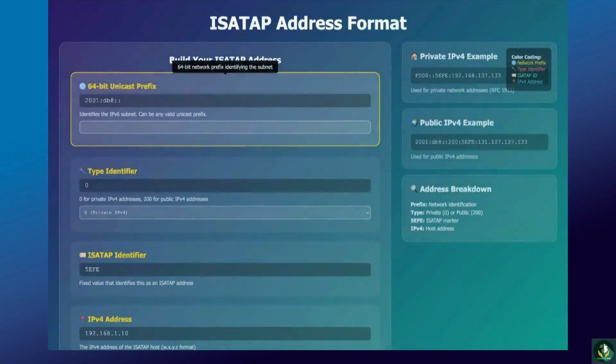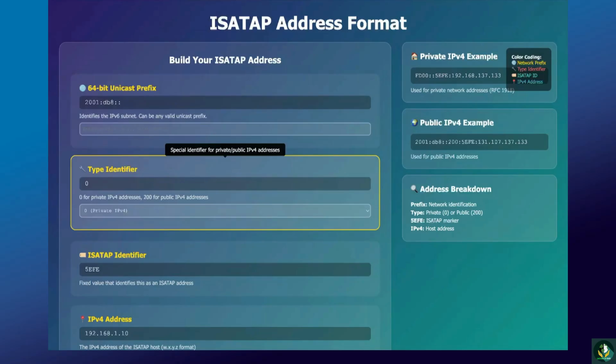Now let's take a look at ISATAP address format. ISATAP addresses are created using a combination of a 64-bit unicast prefix and the IPv4 address of the host. The format depends on whether the IPv4 address is private or public.